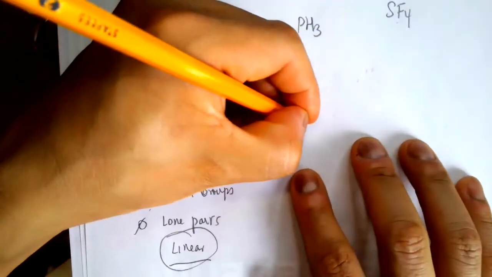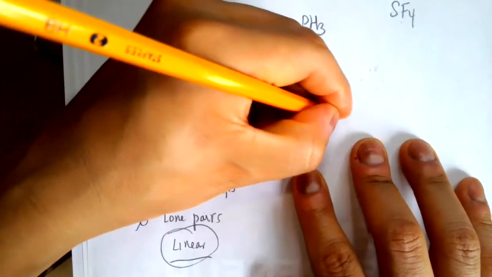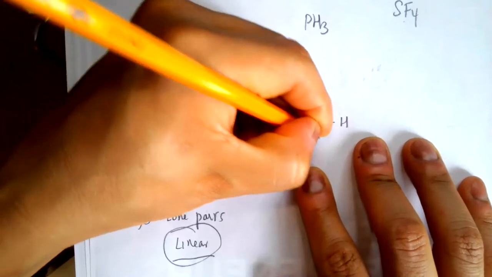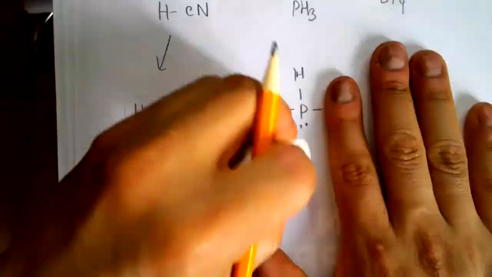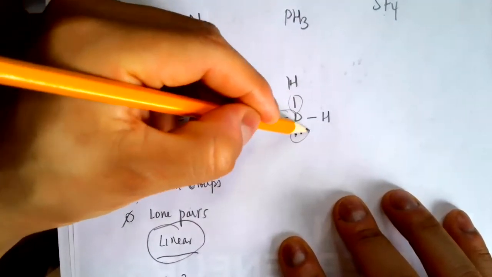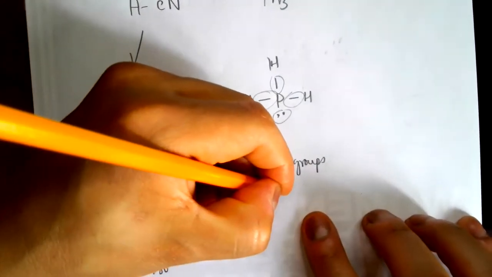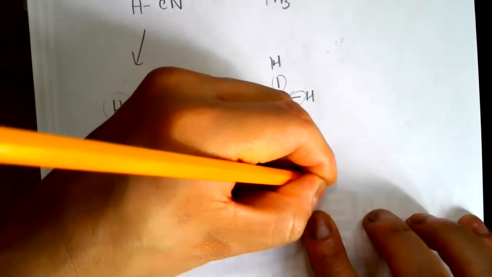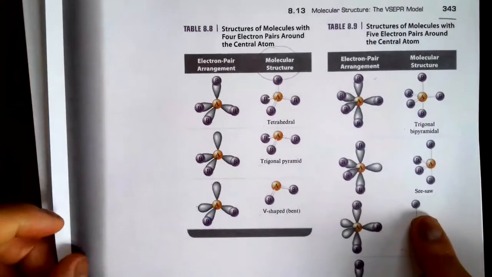So phosphine, if you do the Lewis structure, it will be like this. So here I have 4 electron groups. What are the 4 electron groups? 1, 2, 3, 4. 4 electron groups, or what they call electron arrangement. But one of them is a lone pair. Where do I have 4 electron groups, 1 lone pair? Here.